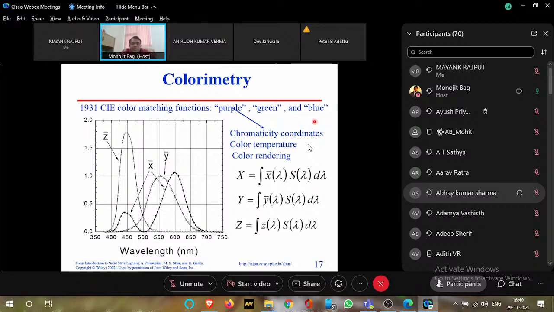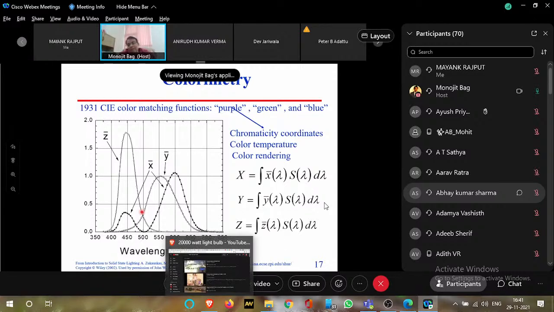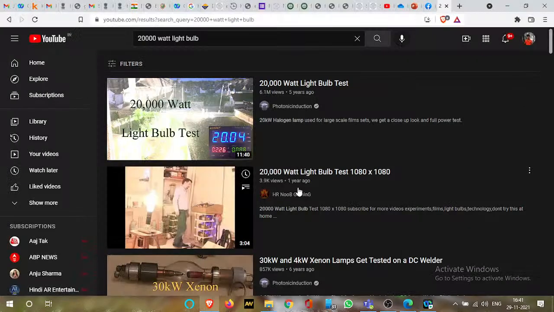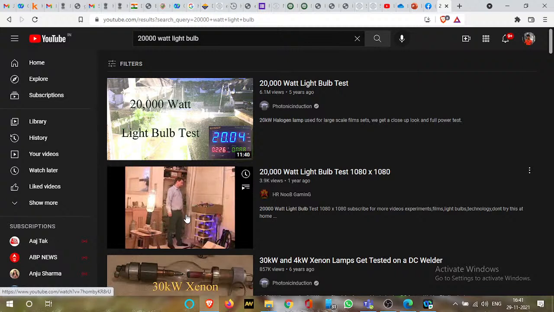This is known as the chromaticity coordinate, and you can have a different color temperature, different color rendering index. So that means we can define any color in a mathematical formalism rather than having some wavelength functions, and that is known as colorimetry. So don't mix it with calorimetry. That's a different thing. This is colorimetry.